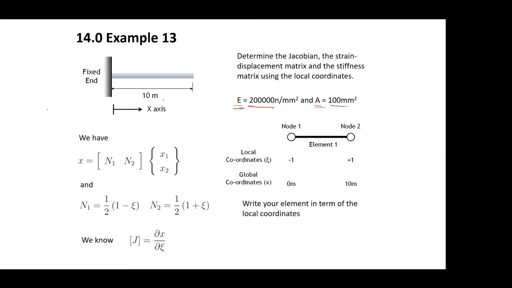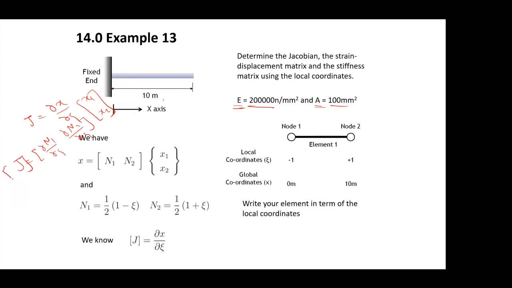So basically the Jacobian is dx over dxi, and this is basically the derivative of the shape functions multiplied by x. All right, see, this is the Jacobian.